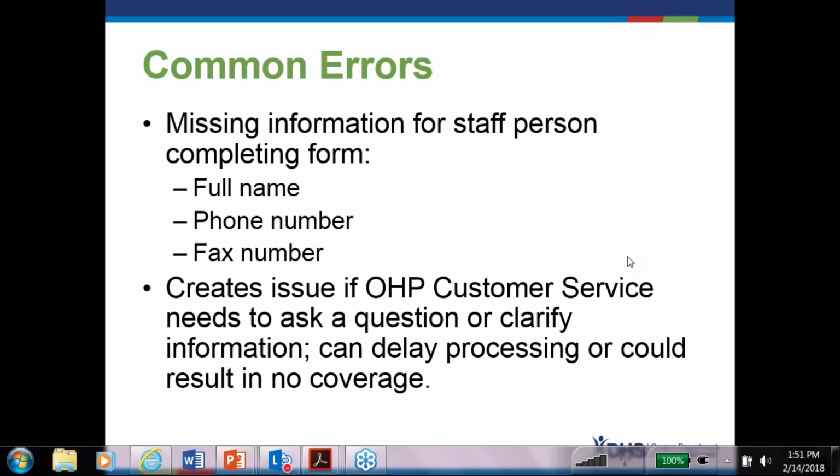So if they're not associated, if they're a provider, they can utilize the fax process and the newborn notification process without a consent form.